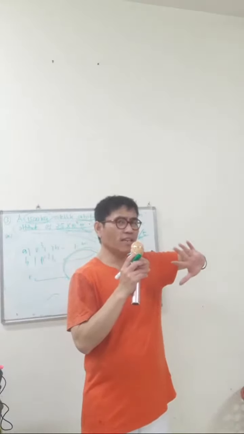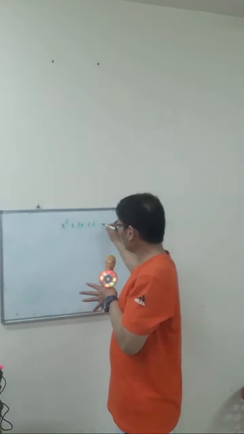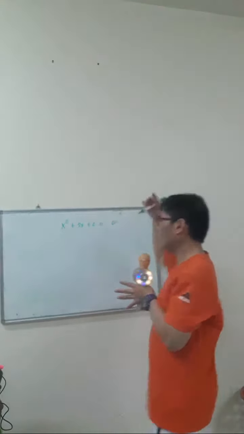Because we cannot solve it here, guys, because that is not a quadratic equation. If you can remember, what is the standard form of a quadratic equation? x squared plus 3x plus 2 is equal to 0. This 2 is your constant, 2 is C, right?